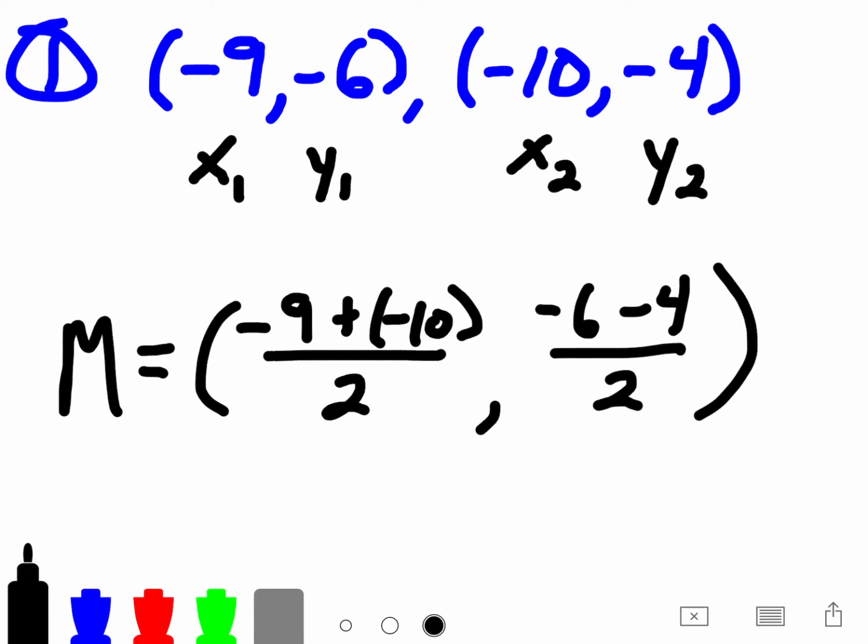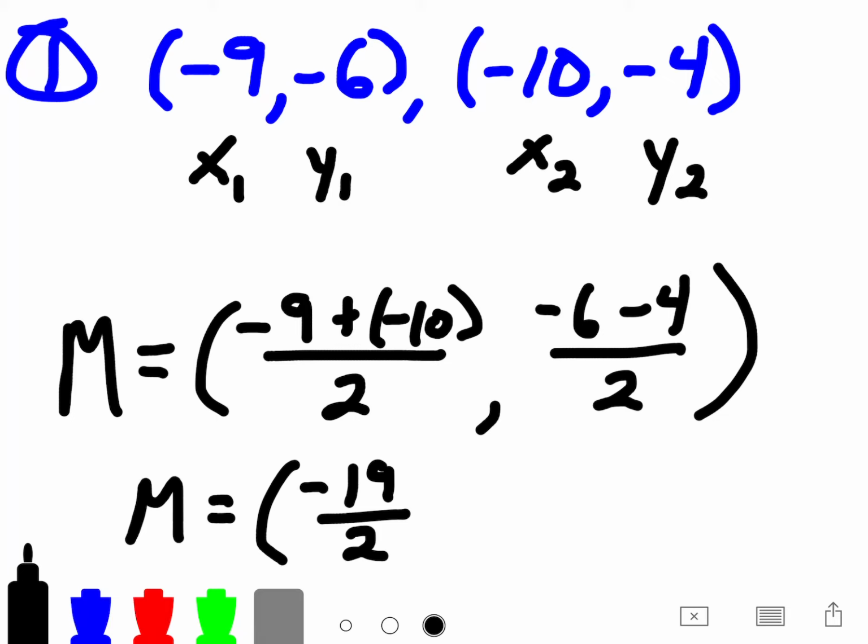So it's -19 divided by 2. And you could just keep it like that. You don't need to use a mixed number. You can if you want. -19 divided by 2, or -9.5. And the y part of it, -6 minus 4 is -10, divided by 2 is -5. That is a whole number. And so this is my midpoint.